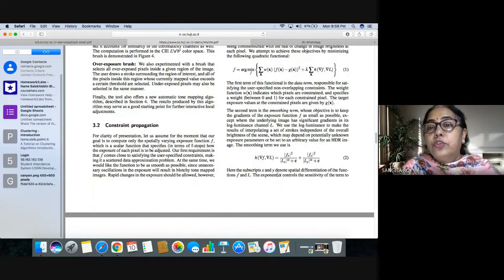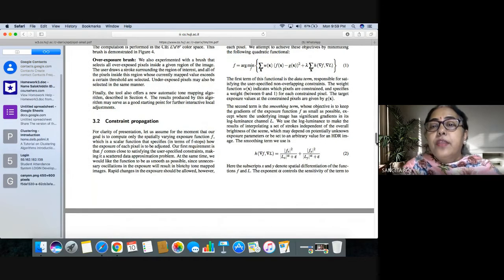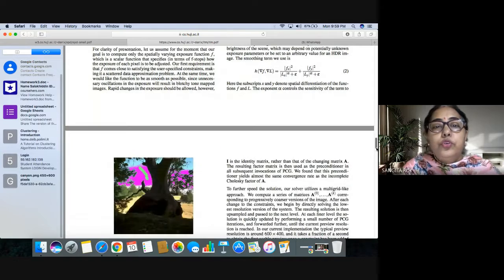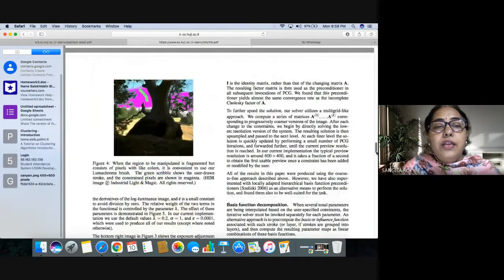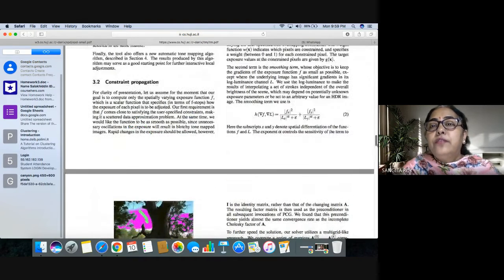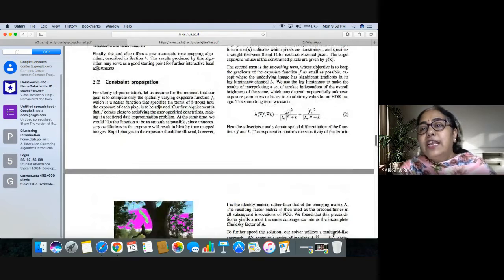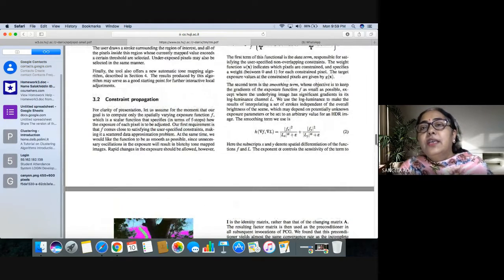The exponent alpha controls the sensitivity of the term to the derivatives of the log luminance image, and epsilon is a small constant to avoid division by 0. So alpha is an exponent that controls the sensitivity of this second term.